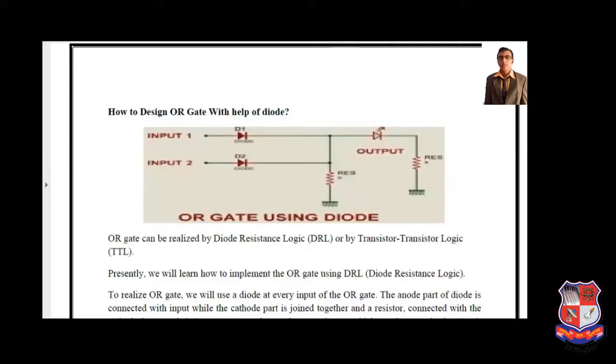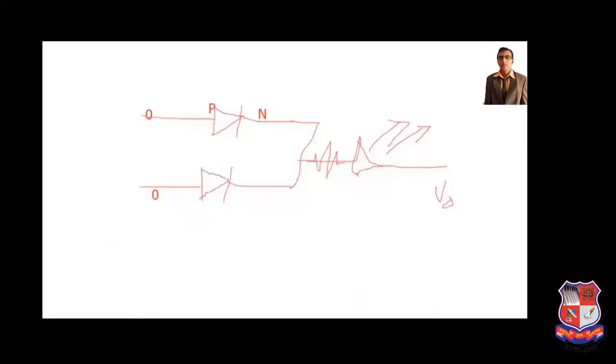Now we apply the 1 input. Here we apply 1 input, and here also applied 0 input. See this, consider the second case. Now due to this 1 present, 1 means high voltage. I have written here 1 equal to high voltage.